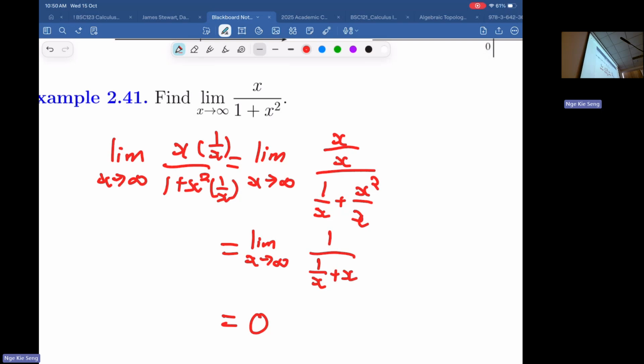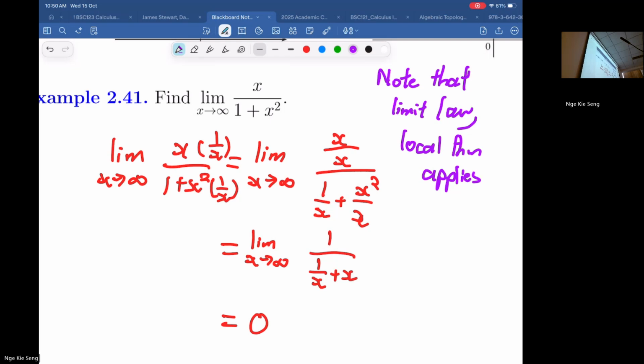So what I demonstrate here is that the limit laws apply in this kind of infinity limit case. Whatever you learned before, you can apply the laws again.